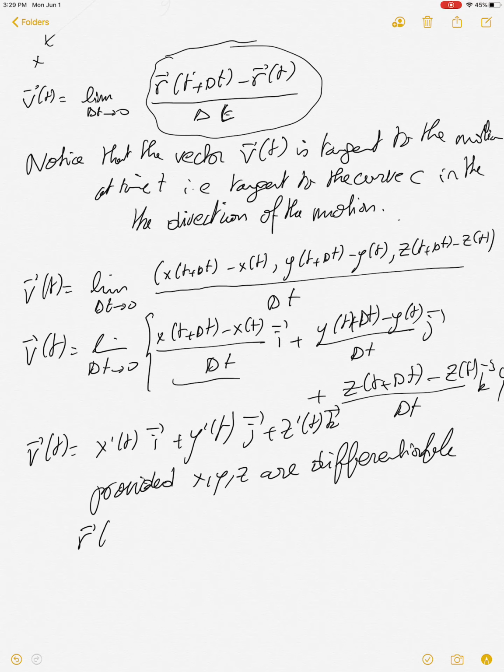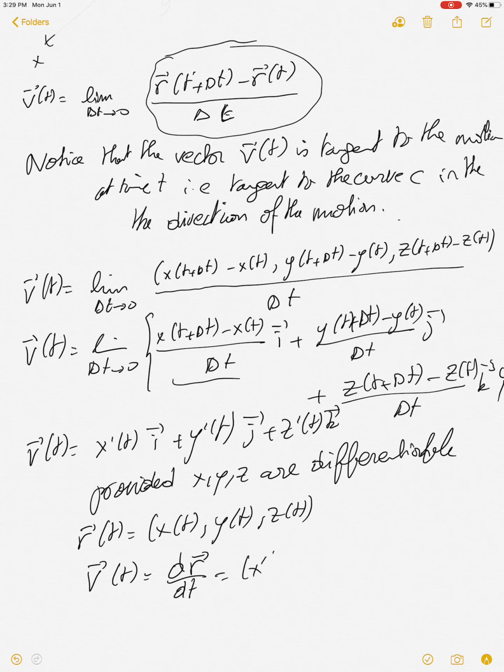So I have r of t is x of t, y of t, z of t. V of t, we write this as the derivative of the vector r, which is x prime of t, y prime of t, z prime of t.